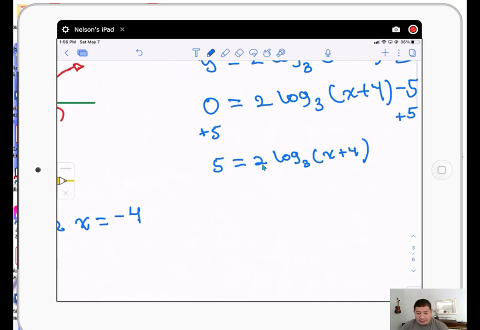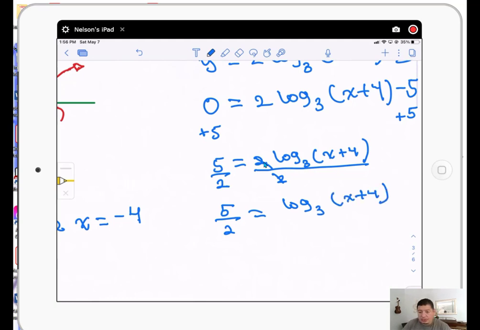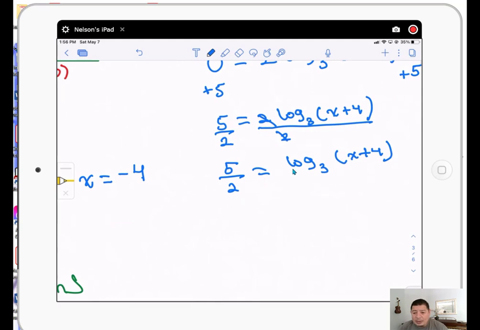I need to get rid of this leading coefficient of 2. So I'm going to divide both sides by 2. So now I have 5 over 2 is equal to log 3x plus 4. And what I'm going to do next is I need to get rid of this little 3 over here. The only element that can get rid of a log of 3 is a base of 3.